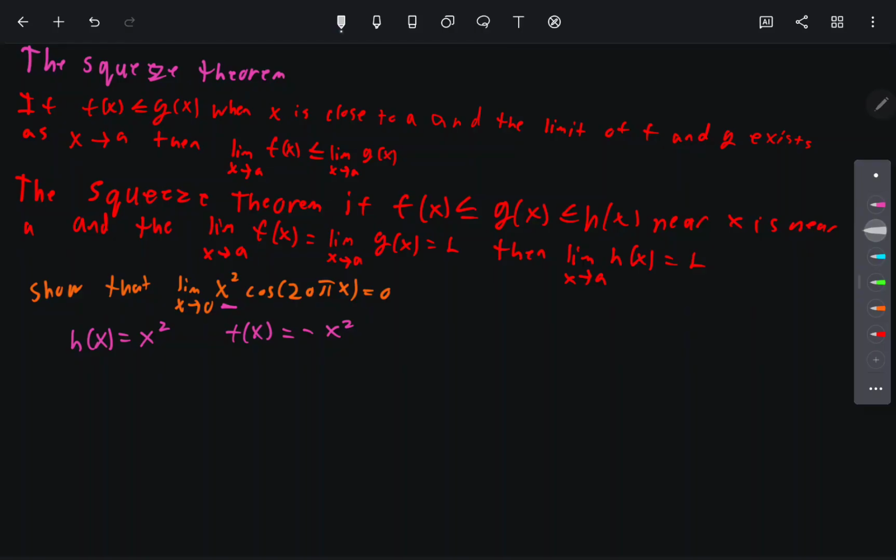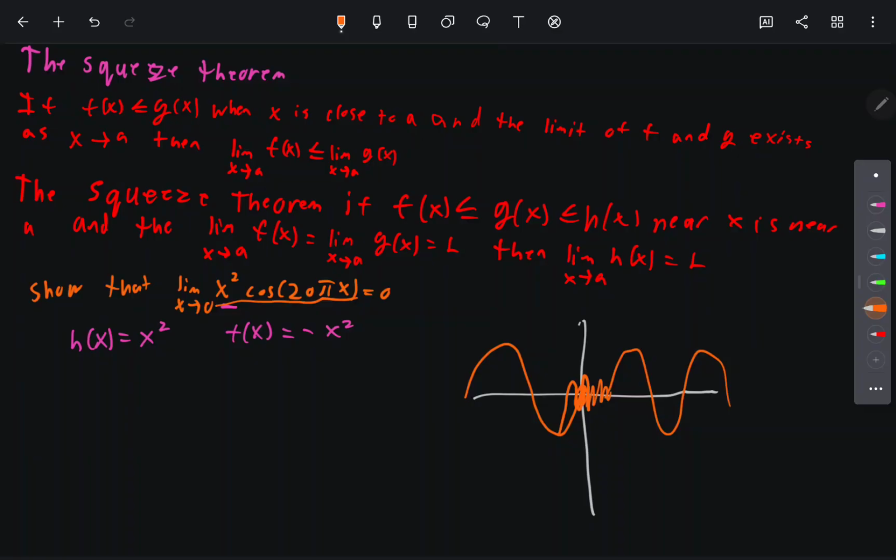So what this function is really going to look like, I'll do this in orange, for this x squared cosine of 20 pi x. What this function is going to look like is, way out here there's going to be very big swings, but as soon as you get close to the origin, it's going to go crazy, and then it's going to go back to being big.